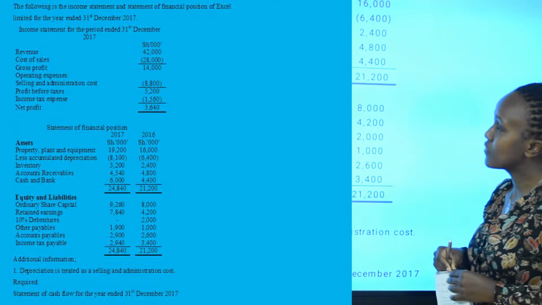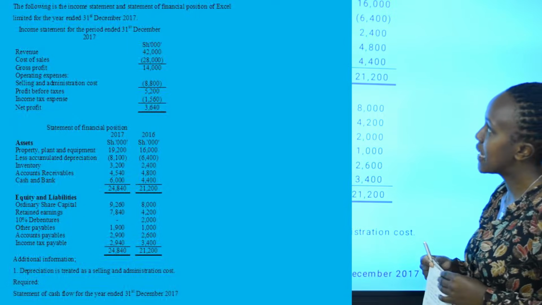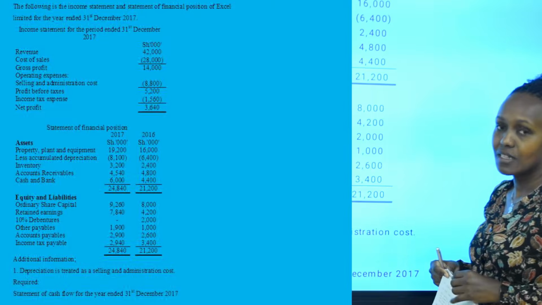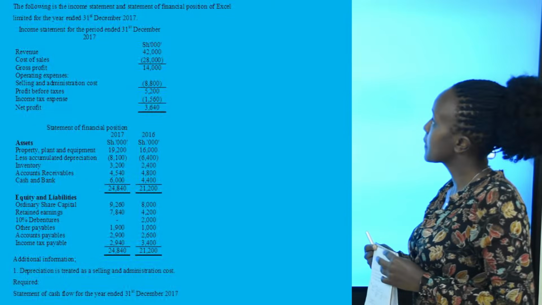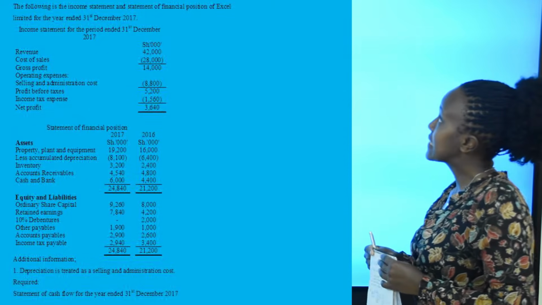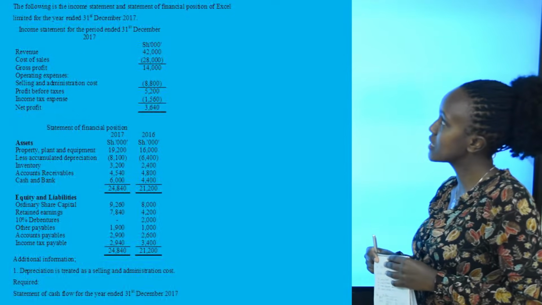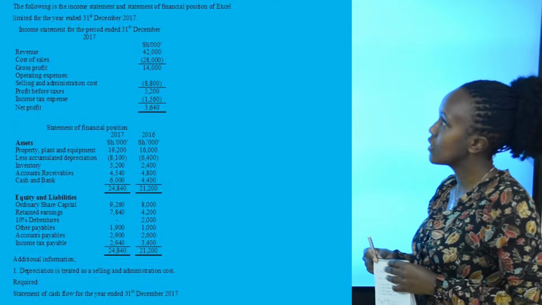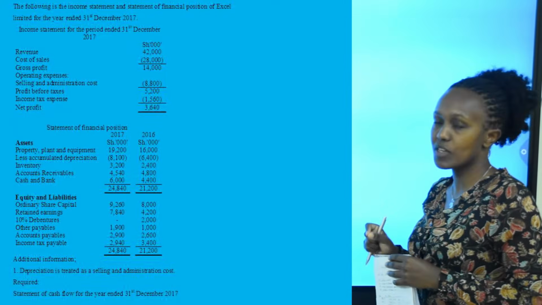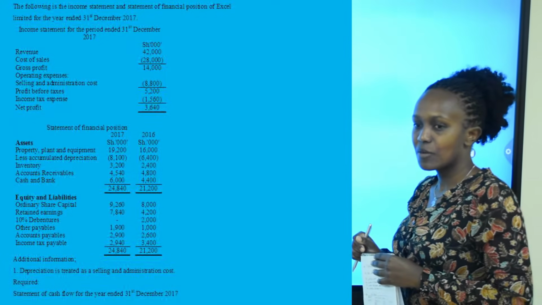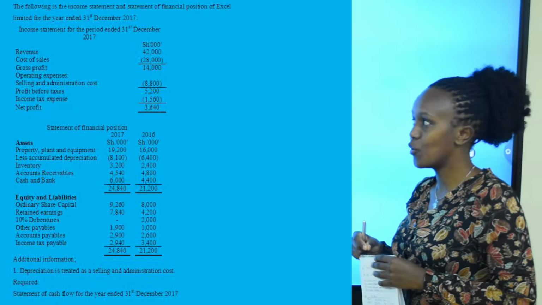We can see that the first item is the property, plant, and equipment. The property, plant, and equipment are increasing from the year 2016, from 16,000 to 19,200, an increase of 3,200. We can evaluate that in terms of cash flow.